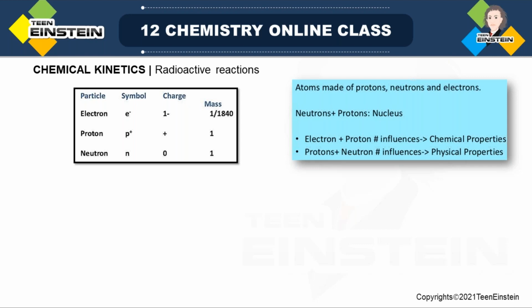In a normal chemical reaction, there is interaction between electrons of reactants, but in radioactive reactions we have to consider the nucleus, not the outer environment of the atom. But we will have some idea based on the fact that it also follows first order kinetics. We will discuss it in the next class.